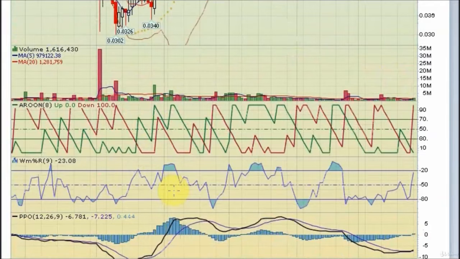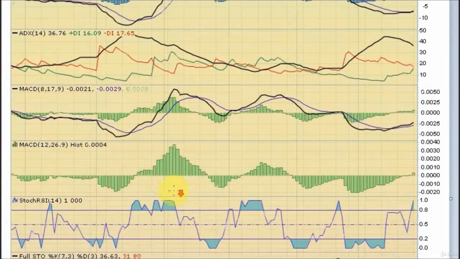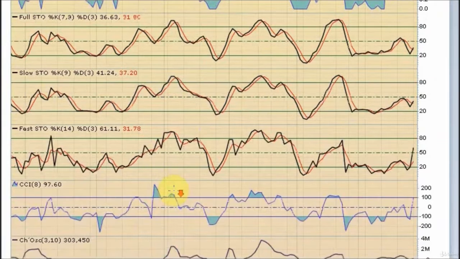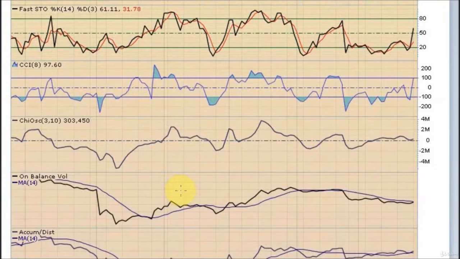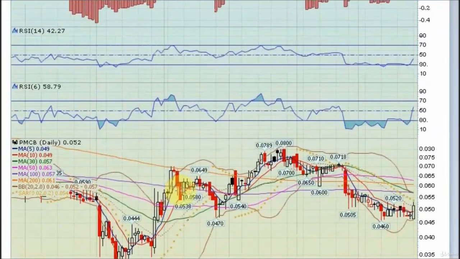Below volume, I would have Rune, Williams %R, the PPO, the ADX, 2 MACDs, stochastics RSI, 3 stochastics. One is full stochastic, the other one slow stochastic, and then fast stochastic. The CCI, Chaikin oscillator, on balance volume, and accumulation distribution. Now, as you can see, that is a lot of indicators on one chart.